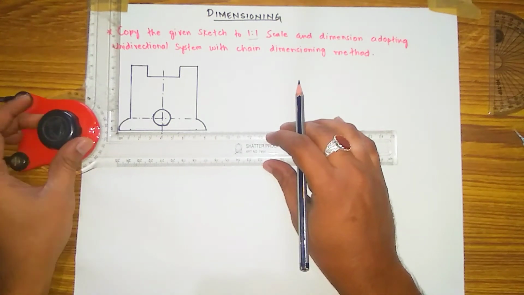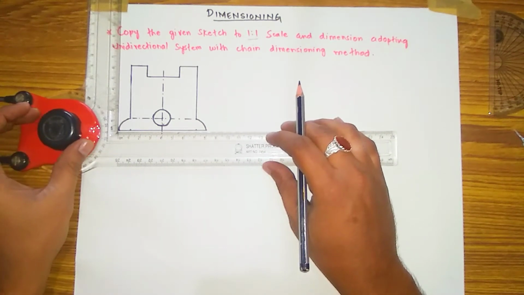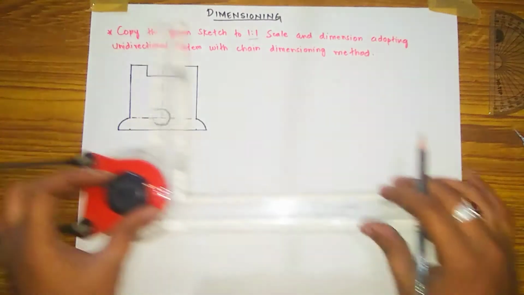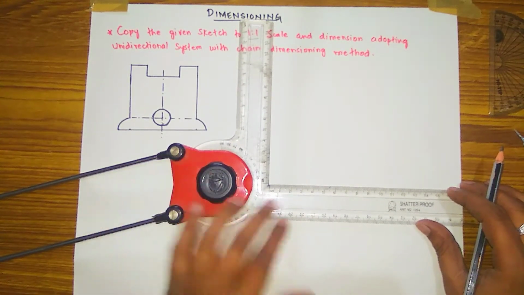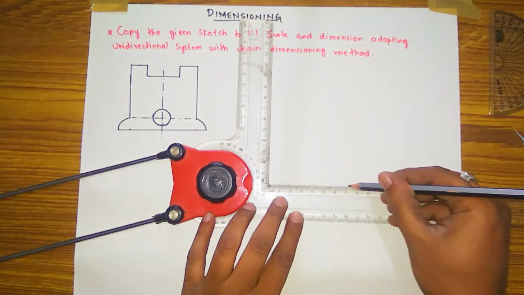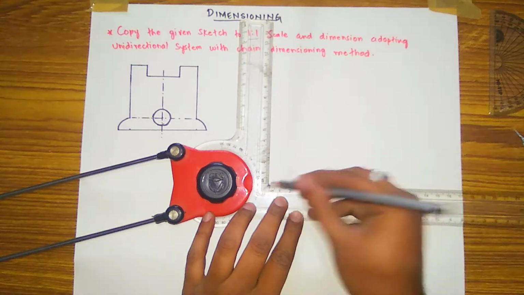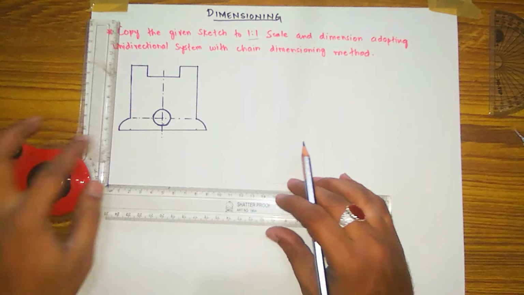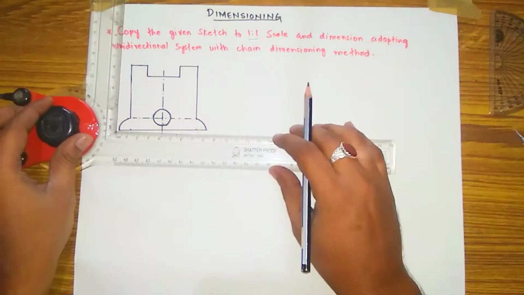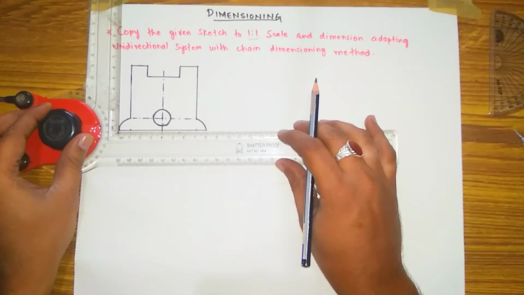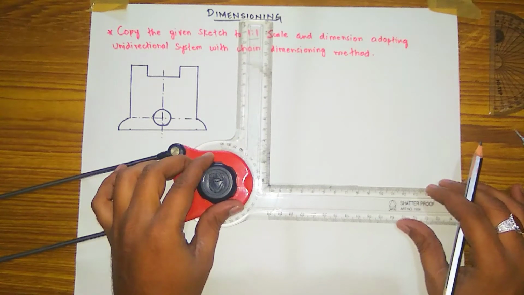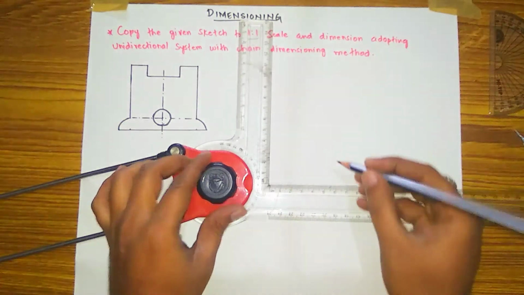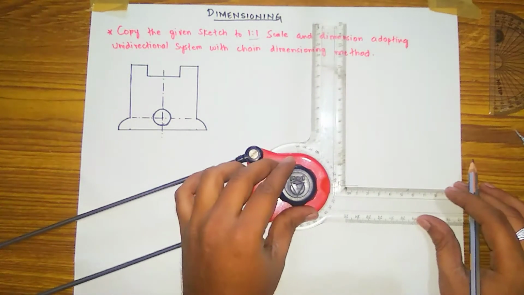So how to draw? First measure the distance of each line. This is 8 centimeter. Draw an 8 centimeter line here like this. Then after that, a quarter circle is there. One quarter circle has 1 centimeter radius. From here I am taking a 1 centimeter dot, and this is also 1 centimeter.